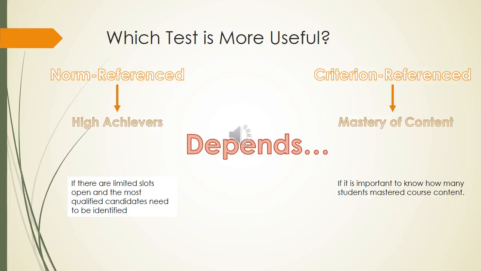So typically universities that have scholarships and you have to score a certain score to get that scholarship, they want to identify the best of the best.